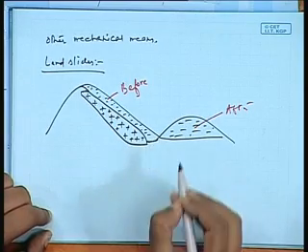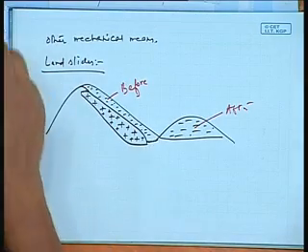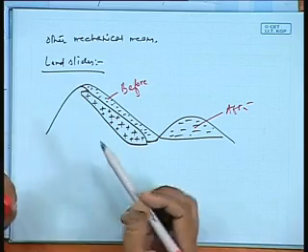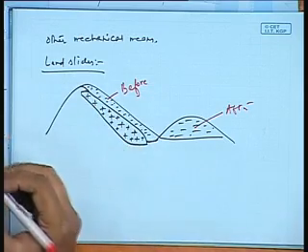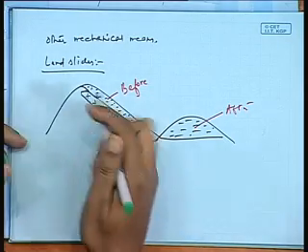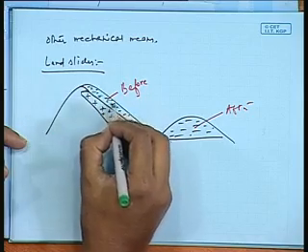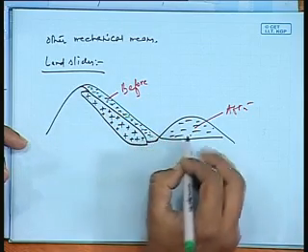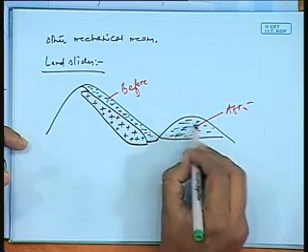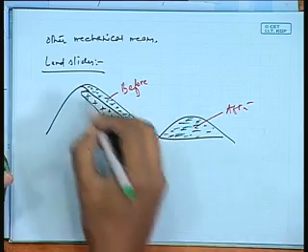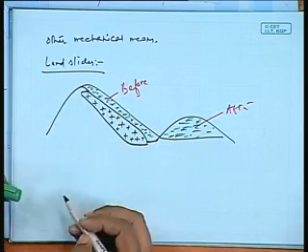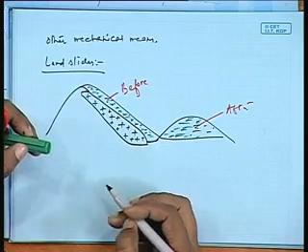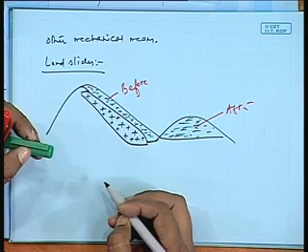This total material here would essentially move into this area, thereby exposing this complete area. This is what is a typical landslide.